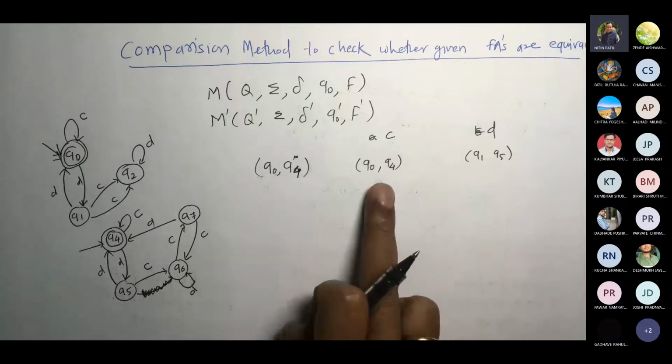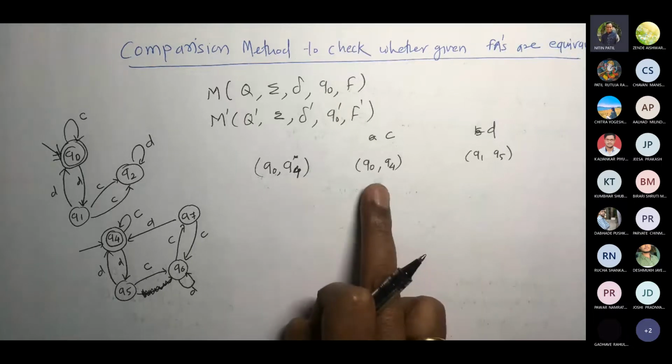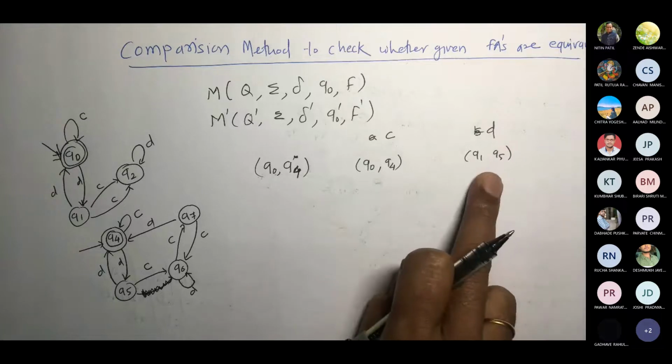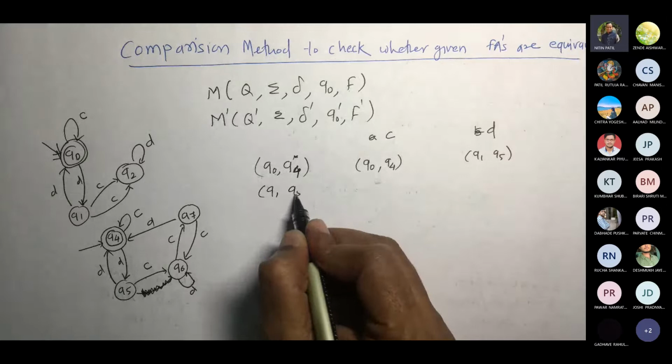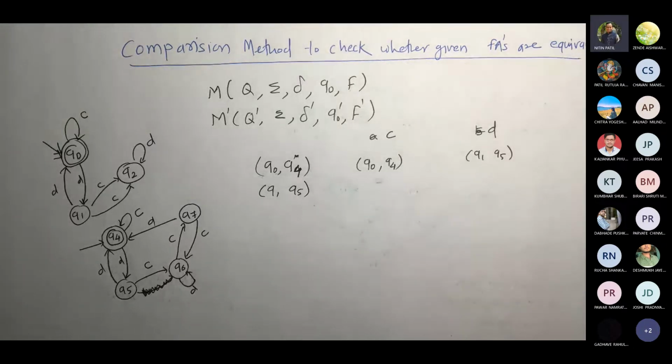So you got this entry already here, correct? Which is the new entry that you got now? This one. Fine. You take it here. Q1, Q5. Now give C to Q1 and C to Q5.